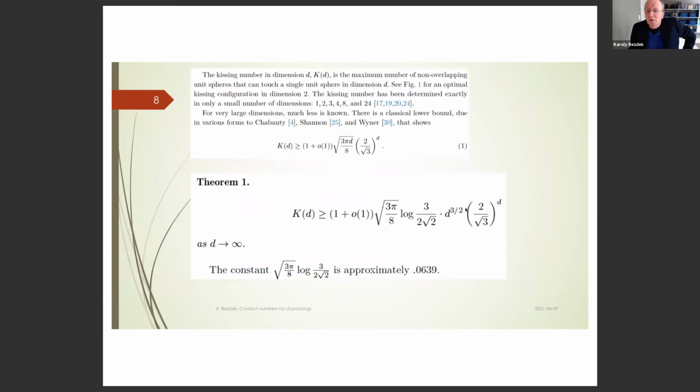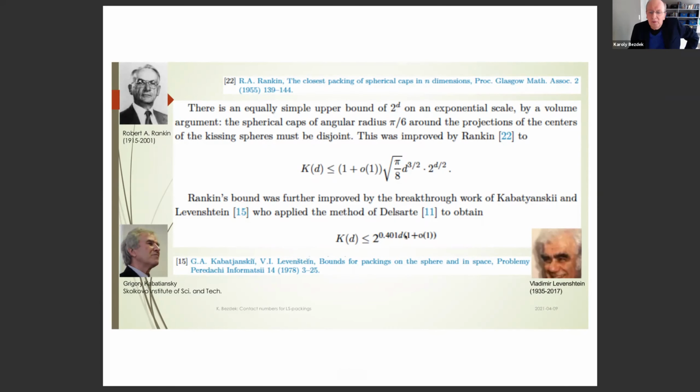Here, the base of the exponential part is roughly 1.15, and in the Kabatsiansky-Levenstein upper bound, the similar base is 1.32, I believe. So there is an exponential gap between these two bounds.